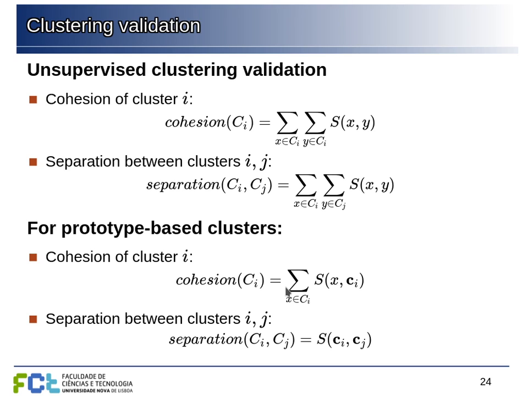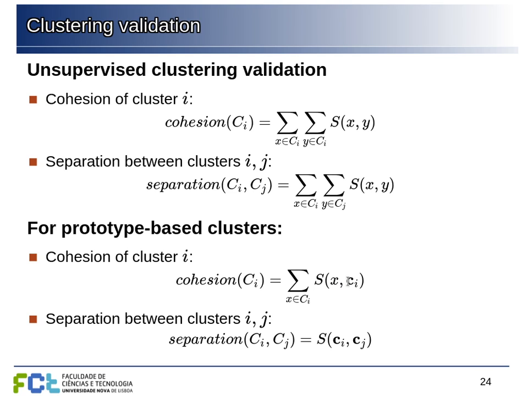If we are looking at prototype-based clusters like k-means, then we can actually skip all of these pairs and just look at the prototypes. So cohesion we can measure by comparing each point in the cluster to the prototype that represents the cluster, for example, the centroid in the case of k-means. If all the points are very close to the centroid, then the cluster is very tight and cohesive.